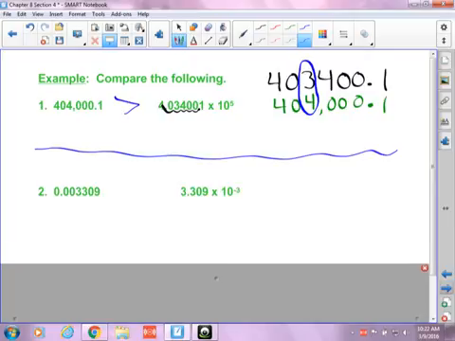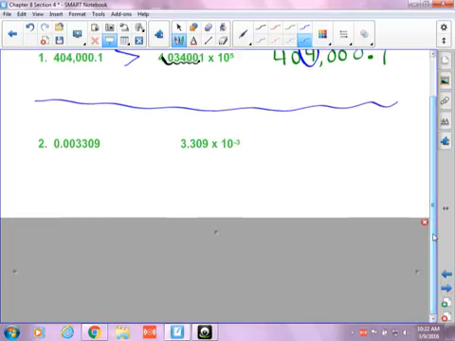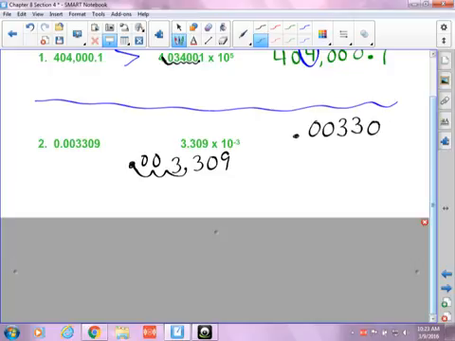All right, let's go to the next one. On this one, I've got a negative exponent, so how do I move that decimal? To the left, okay? So 3.309, I go 3 to the left. So 1, 2, 3. So I get 0.003309. There's that one. Now the other one I line up, 0.003309.